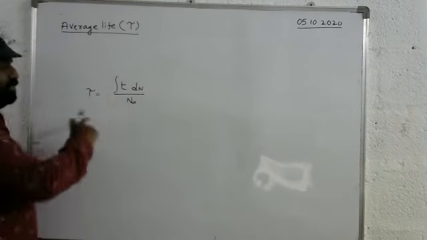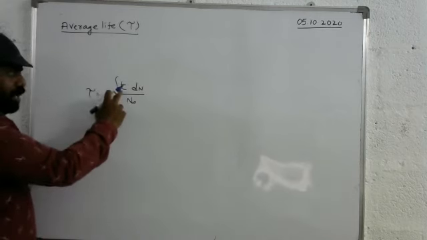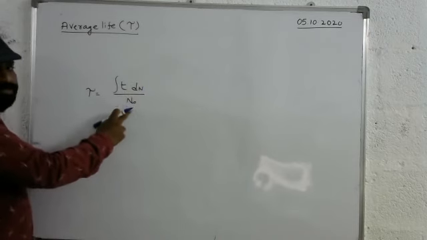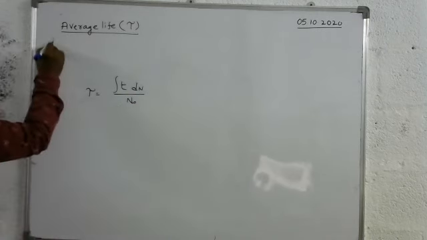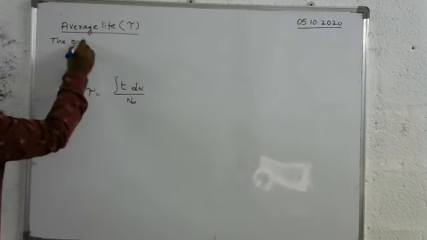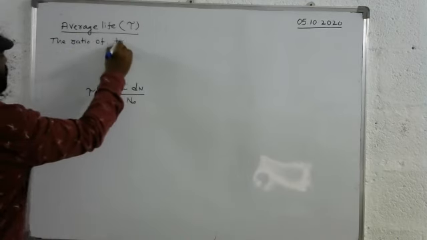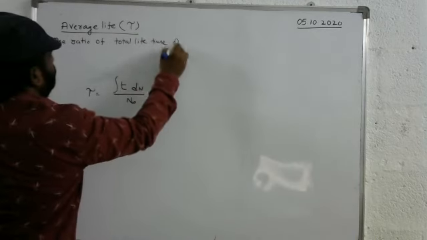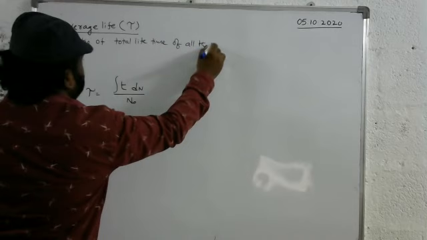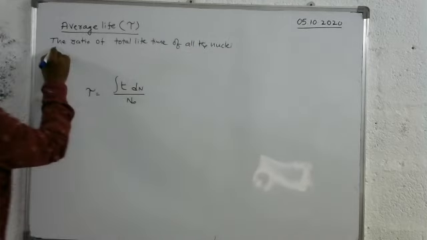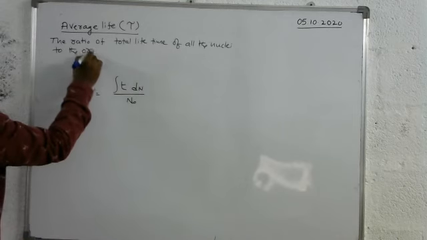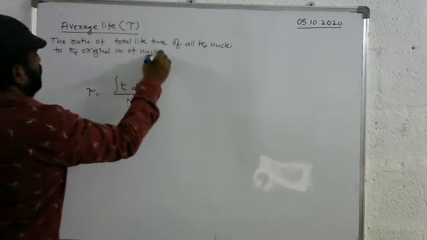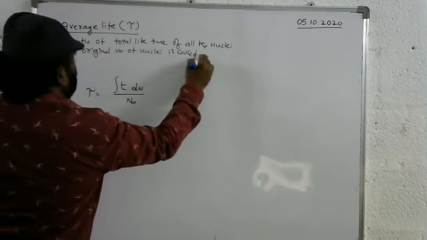How can we define the average life? It is the ratio of the total lifetime of all the nuclei to the original number of nuclei. So the ratio of the total lifetime of all the nuclei to the original number of nuclei is called average life.